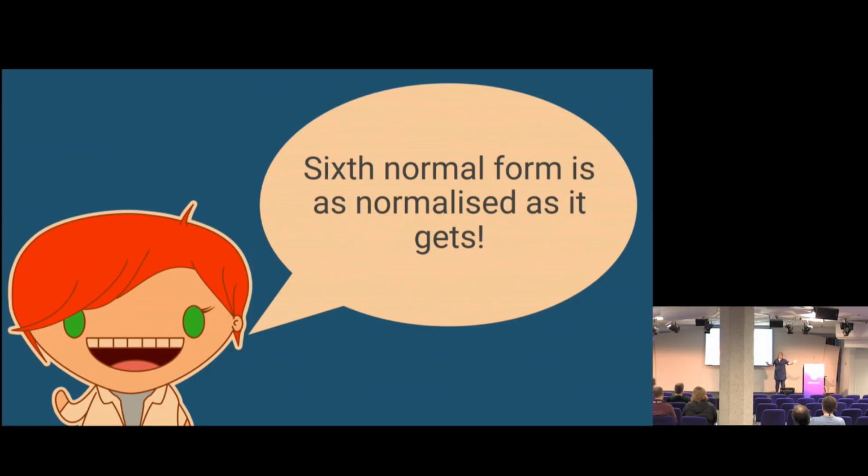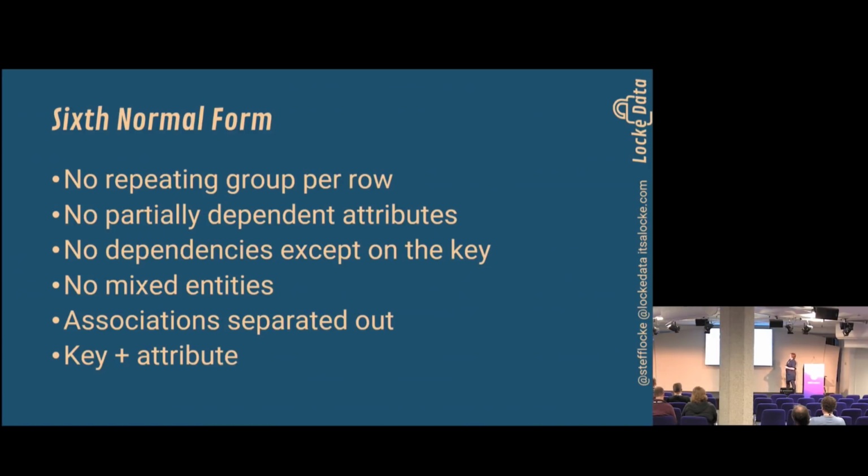This is complete normalization. So if you imagine or think back to our first denormalized data, that is everything as columns in one table. Sixth normal form basically does this.